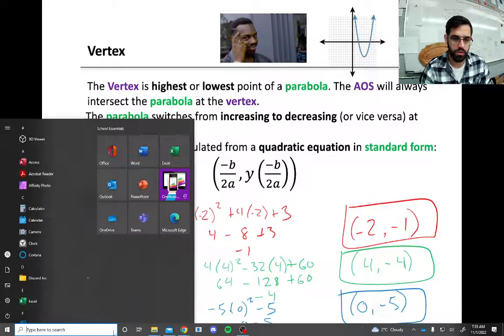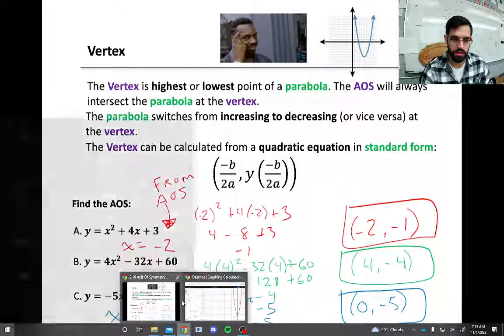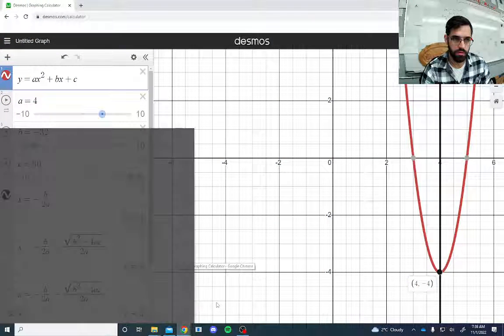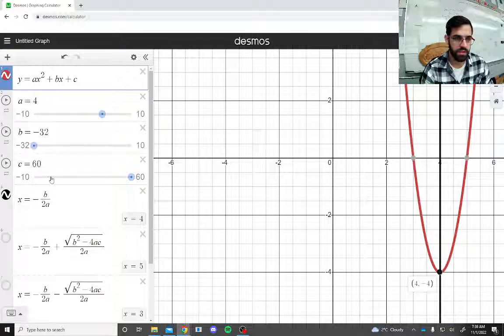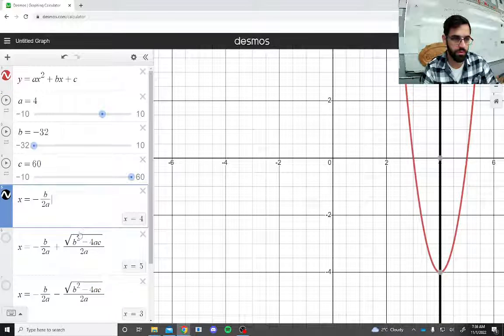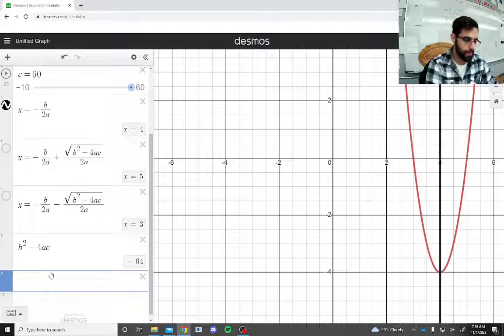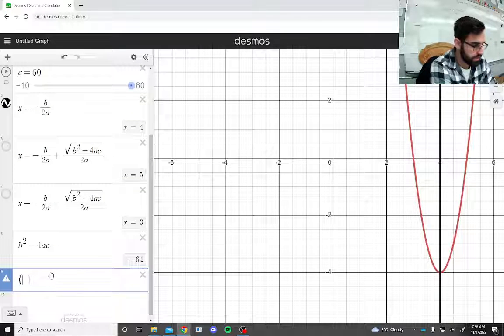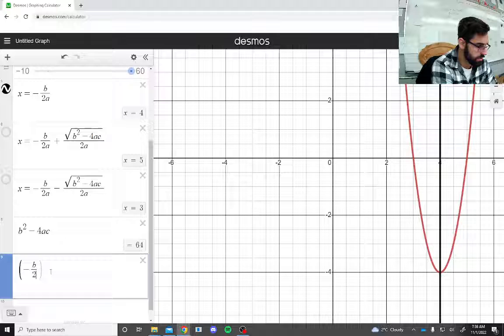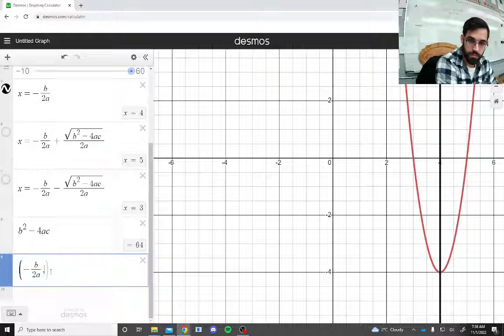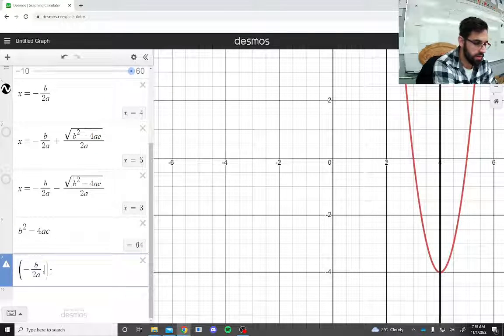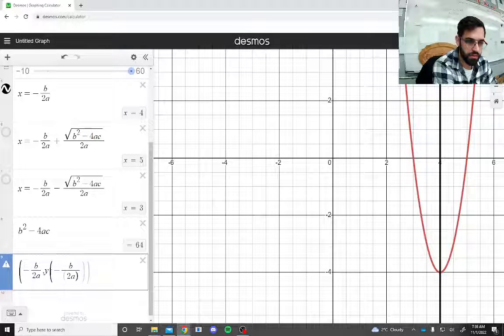Okay, we could graph the vertex. We could add a point. Let's go right here. We'll put negative b over 2a for the x value. For our y value, I don't think we can write y of negative b over 2a in here, but we'll give it a try.